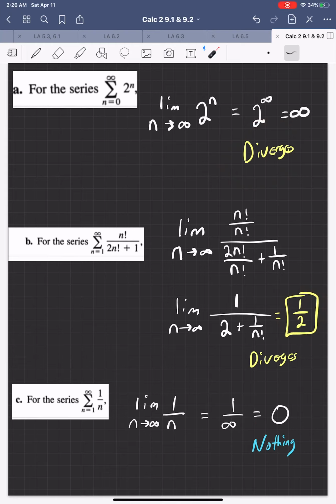If it equals 0, that doesn't necessitate convergence. If it is convergence, it's necessarily true that the limit of a sub n as n approaches infinity equals 0. But you don't get to just take a test and switch your if-then statements around. Everything has to be proven in mathematics.